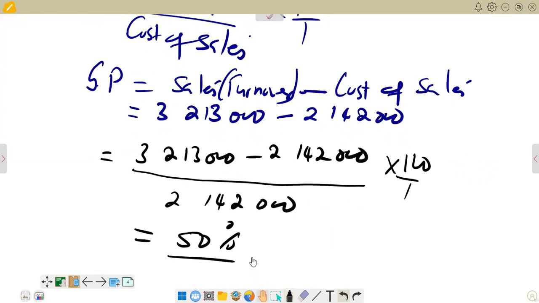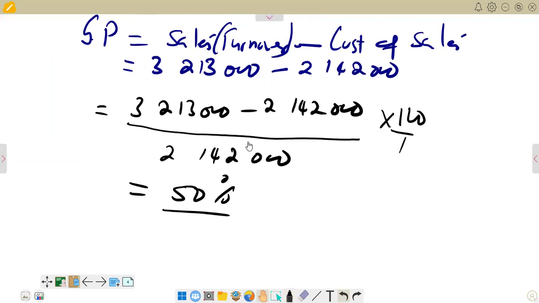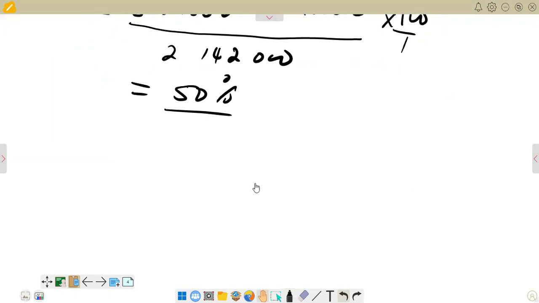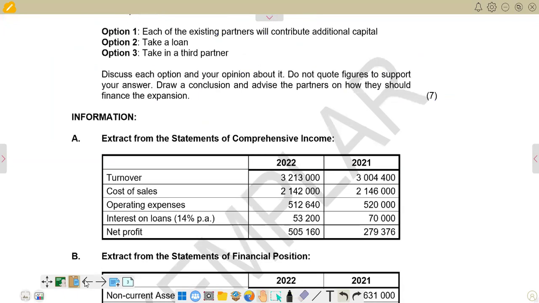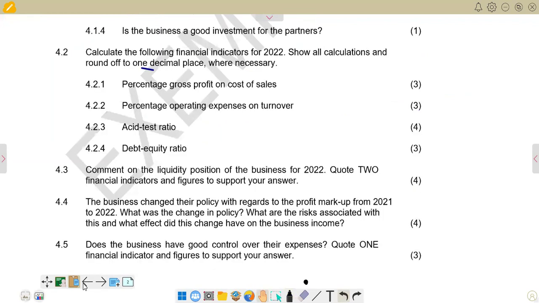So we move on to the next question. The second part reads percentage operating expenses on turnover. Basically, we are saying operating expenses over turnover.